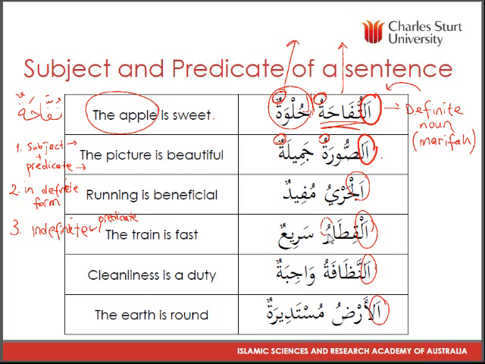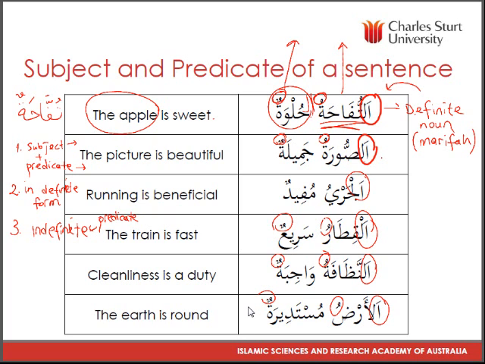Al-qitaru, look, the ending is with one dhamma. Sari'un, tanween with double dhamma. An-nazafatu, cleanliness. Wajibatun, look, it is a duty. It has al in front, no tanween, then tanween. This is subject and predicate.